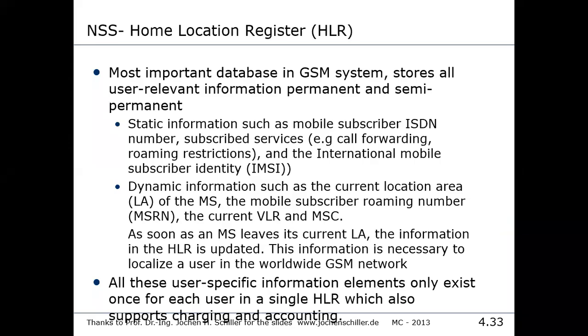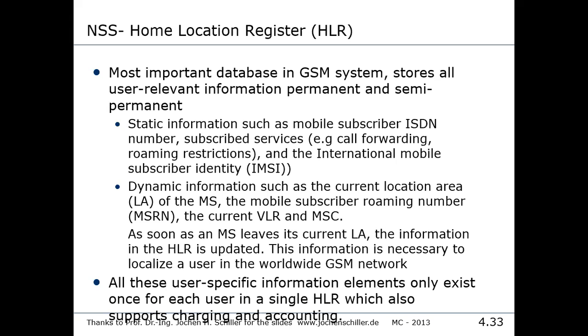Next, we'll see about the NSS home location register. This is very important because it contains all the information about a mobile subscriber, his subscribed services and IMSI number, and dynamic information like the current location area, the MSRN, mobile subscriber roaming number, the current VLR and the MSC.